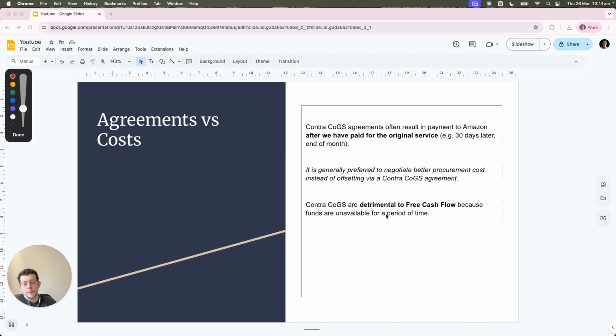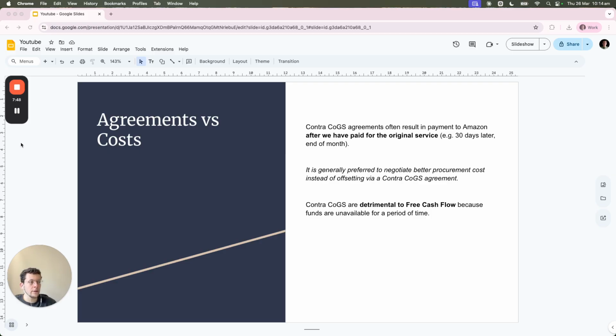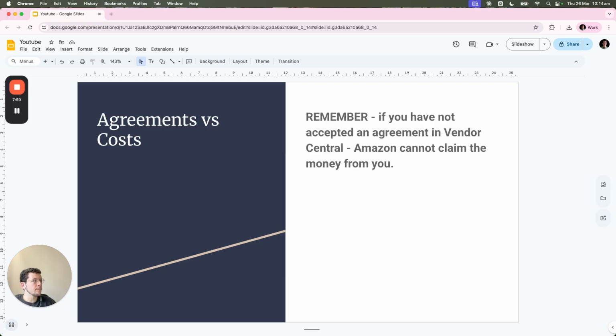Because it's better for your cash flow that you get to invoice the full cost upfront, and then in 60 days, Amazon will take that money via a rebate, as opposed to you invoicing less upfront.